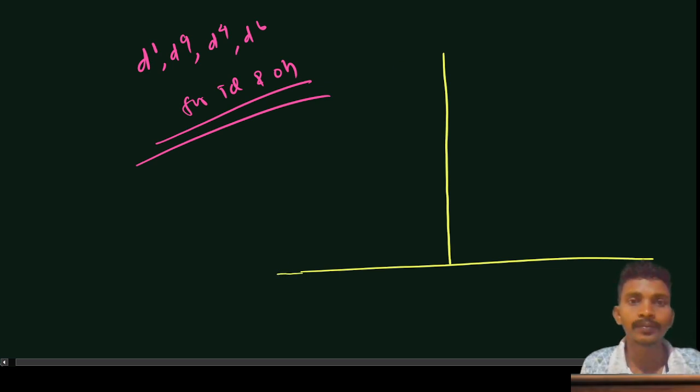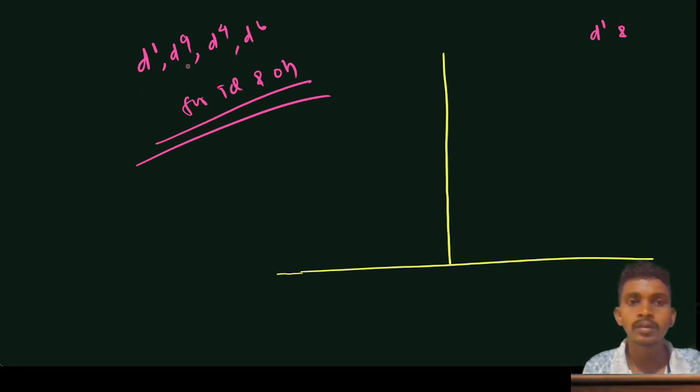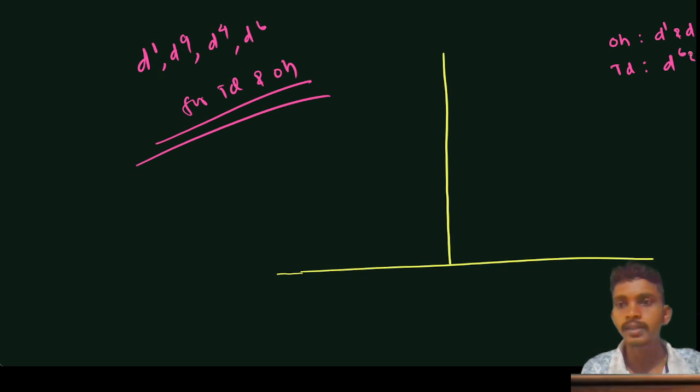Do remember that for D1 and D4, that is the octahedral case, and for the tetrahedral case, that is D6 and D9.